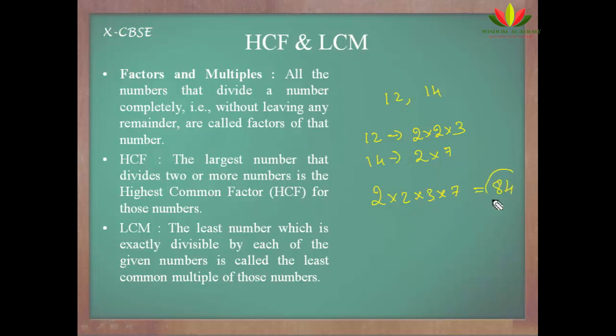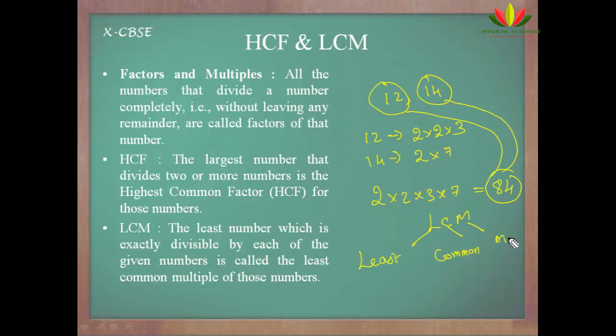So 84 is the number which comes in both the 12 table and the 14 table, and this is the least such number. After that many numbers may come, but this is the least number which comes in the 12th table and the 14th table. So I call it the LCM, that is, least common multiple.